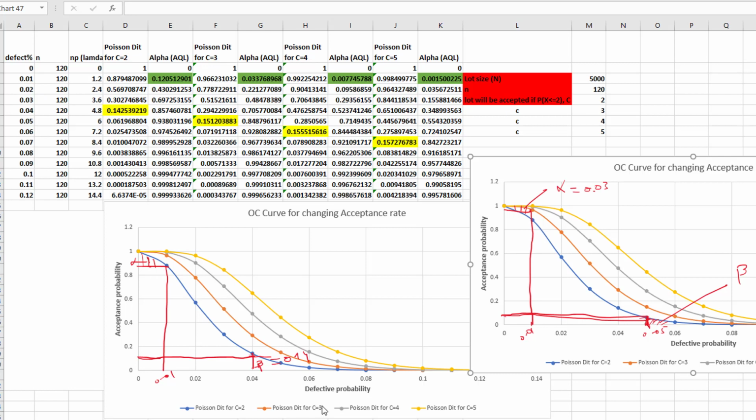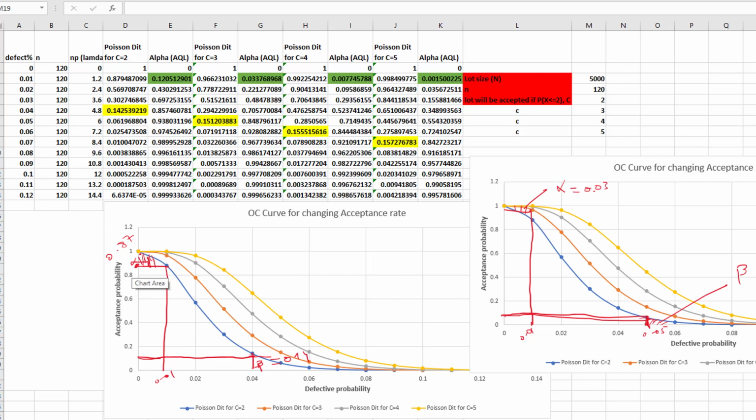This axis represents 1% defective, so this is my 1%, and this is basically the 0.87. So this point.